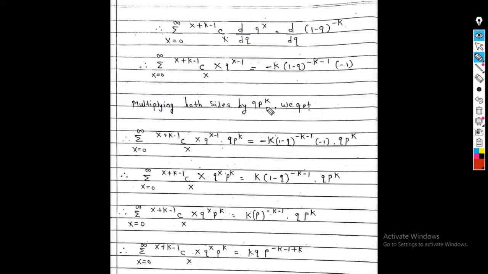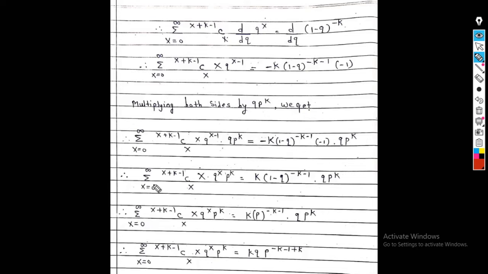Multiplying both sides by q p^k, we get summation x equals 0 to infinity (x+k-1)Cx x q^(x-1) multiplied by q p^k is equal to minus k into (1-q)^(-k-1) into minus 1 and into q p^k.